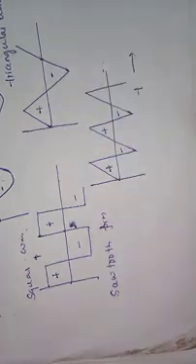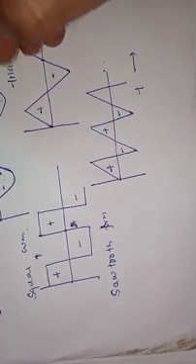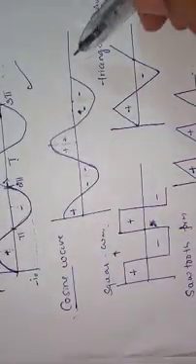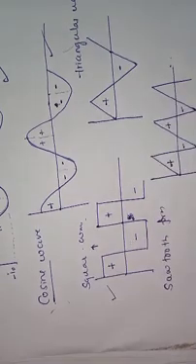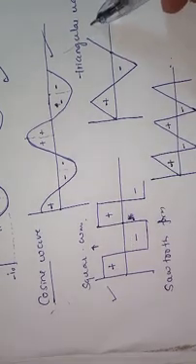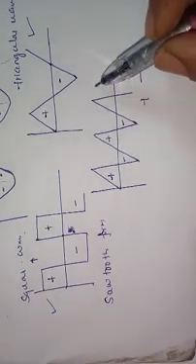So these all are forms of an AC signal. We can take it in sinusoidal form, in cosine form, in square form, in triangular form, and we can take the wave formation in sawtooth form.